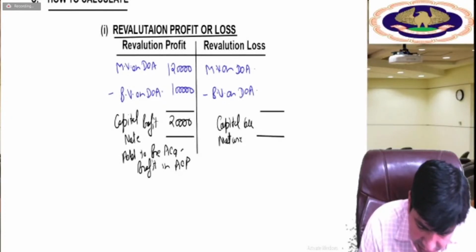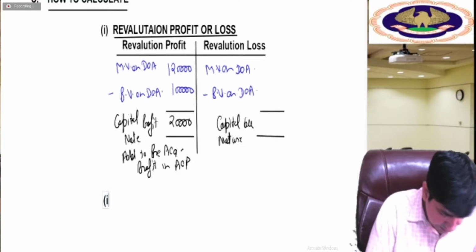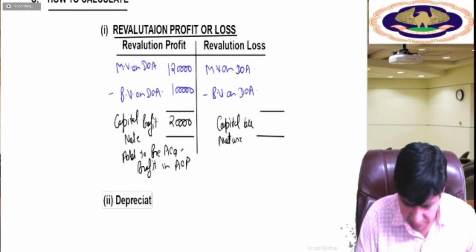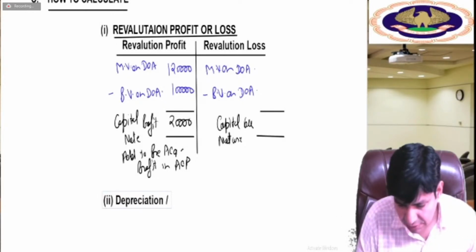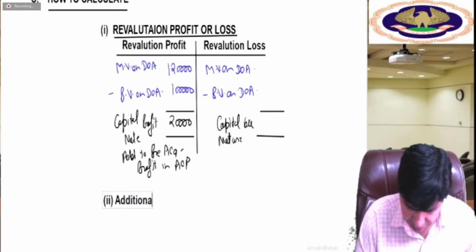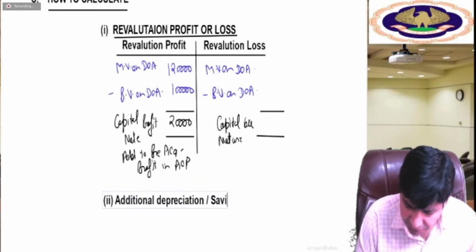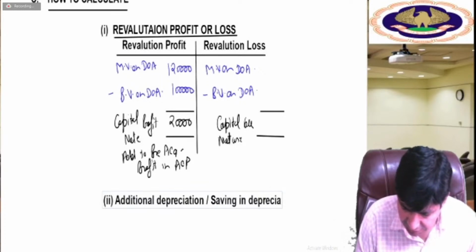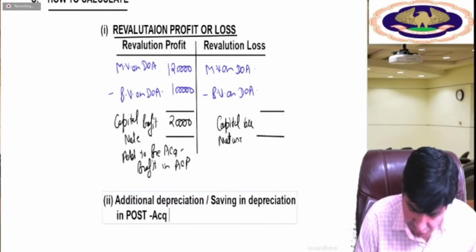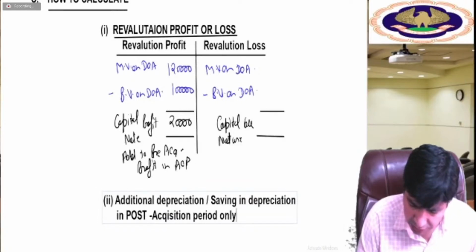Next one is the depreciation part of revaluation. Give a heading: depreciation, or you can give this heading in this manner: additional depreciation slash saving in depreciation in post-acquisition period only.